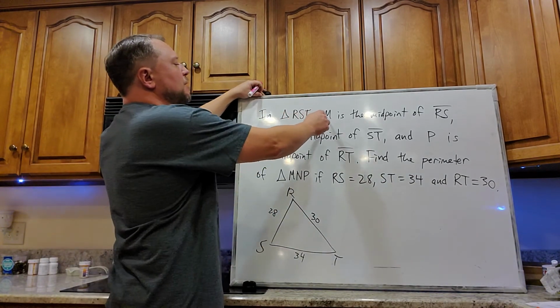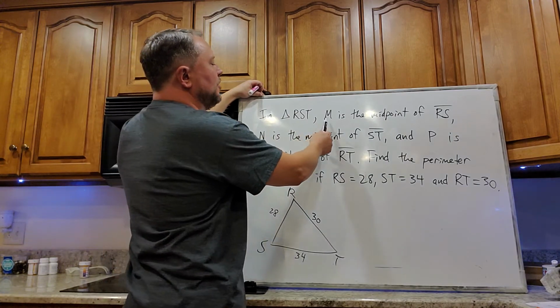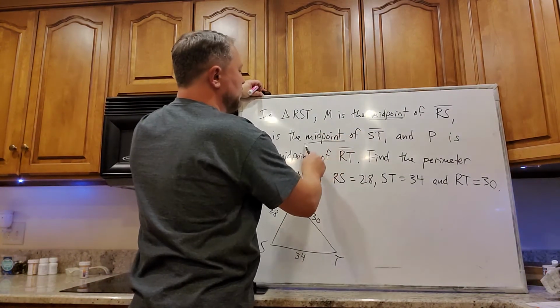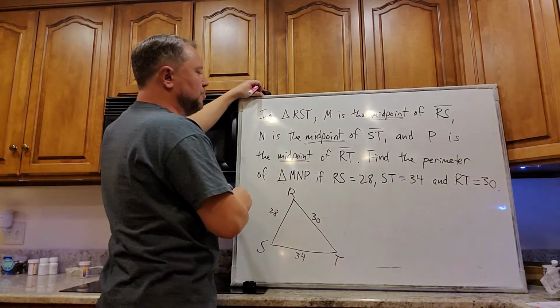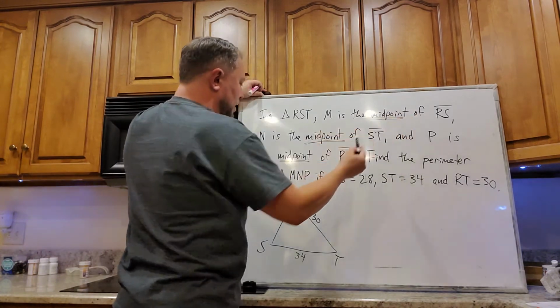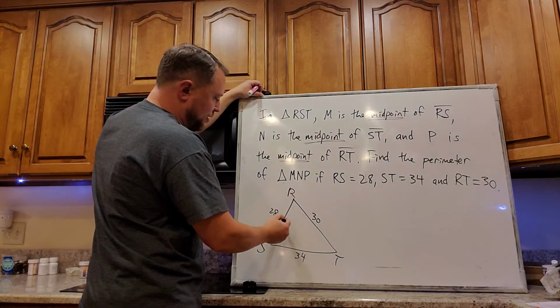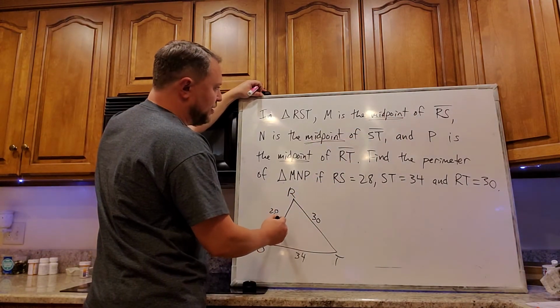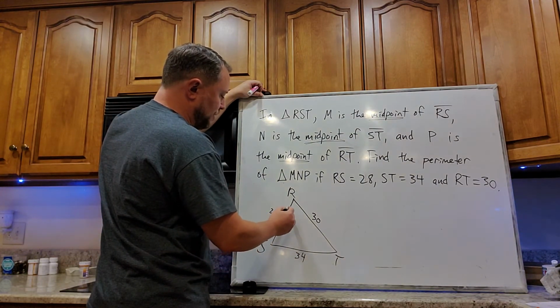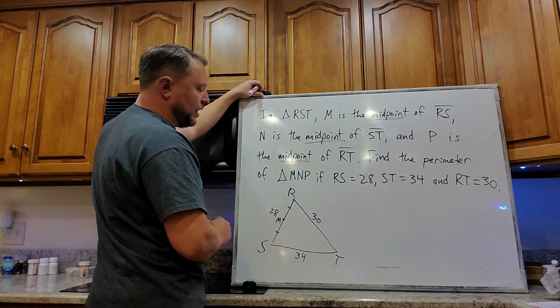Then I'm going to go back up here and draw in all these midpoints. They mention quite a lot of midpoints here. M, they said, is the midpoint of RS. There's RS right here, and in the middle would be our midpoint M, splitting that into 2 equal halves.